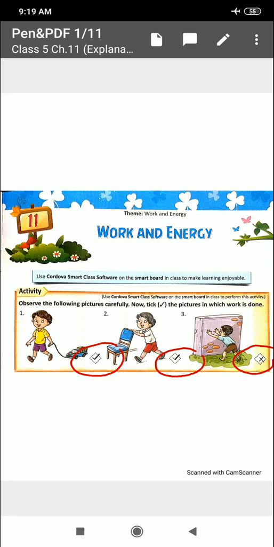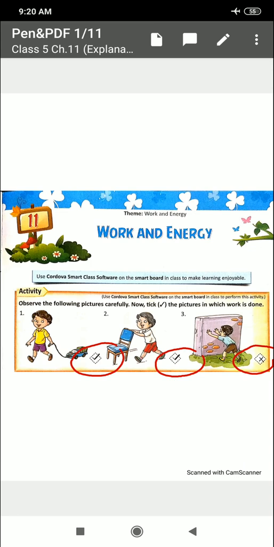No, children. Why? Because the definition of the work done is when the force is applied on an object and the object moves in the direction of applied force. So what is the condition here for the work to be done? The condition is the object should move in the direction of applied force.